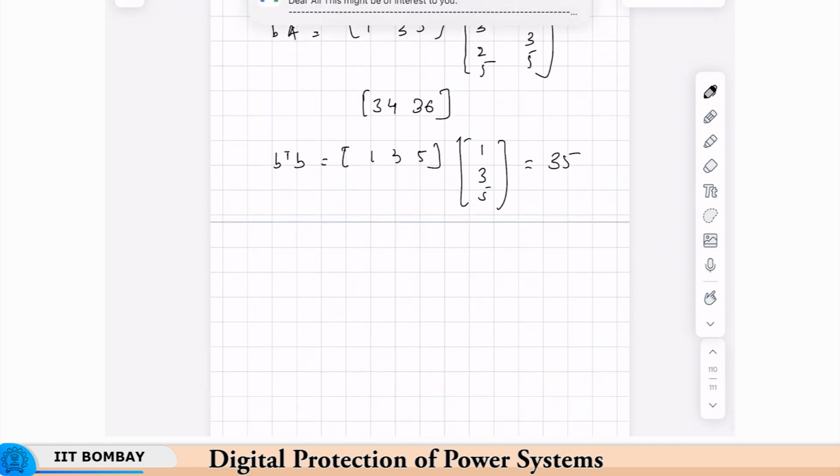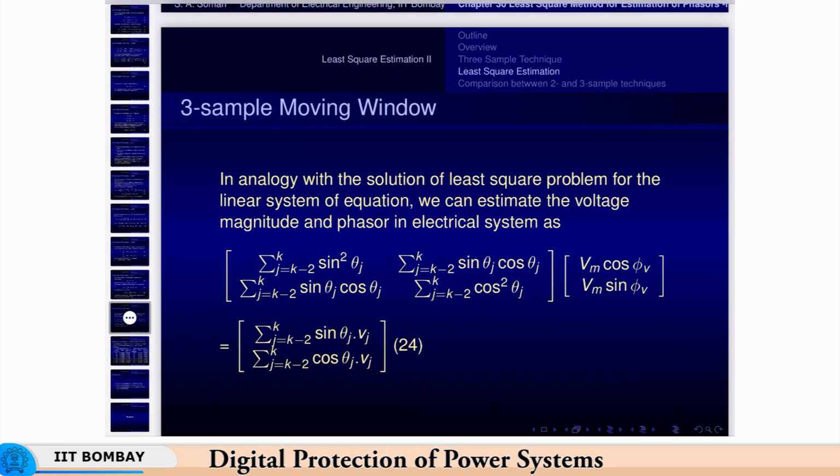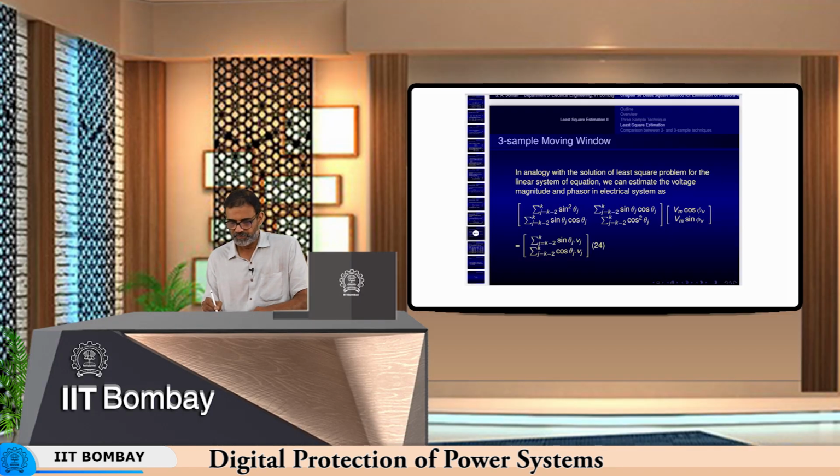But that kind of manipulation we will not be able to apply here. So, what we will do here is we will invert this matrix and then find the solution for Vm cos phi v and Vm sin phi v, like we did last time.